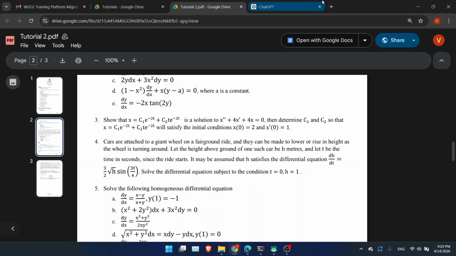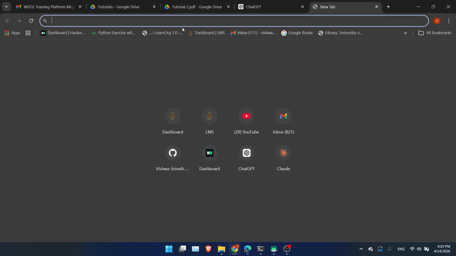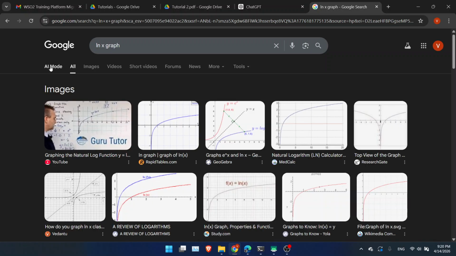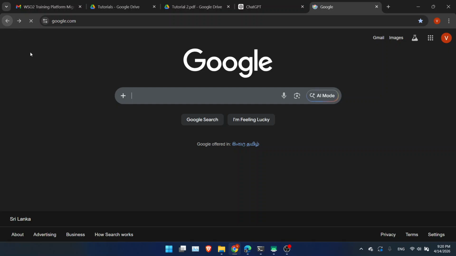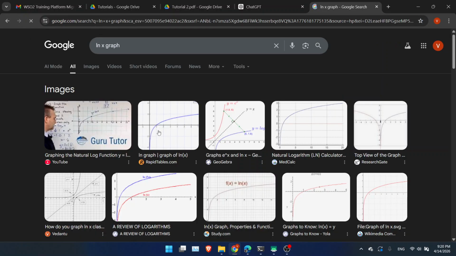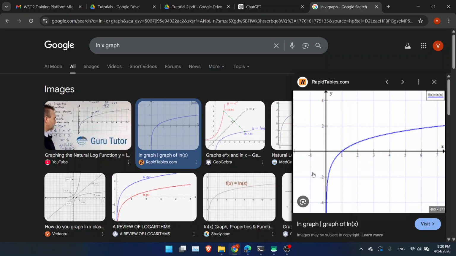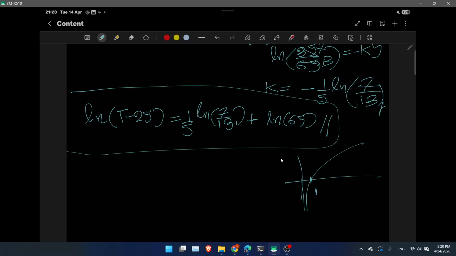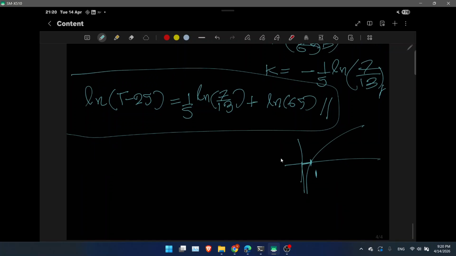Let me try it. So yeah guys, the ln curve is something like this. So 1 is here. Less than 1, it is always a negative value. So negative becomes positive. So the K is always a positive value.